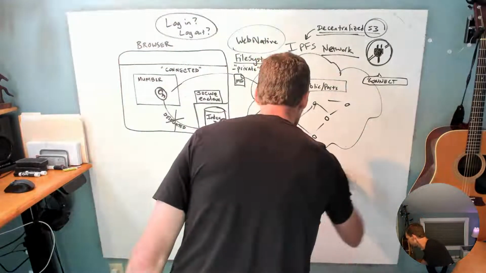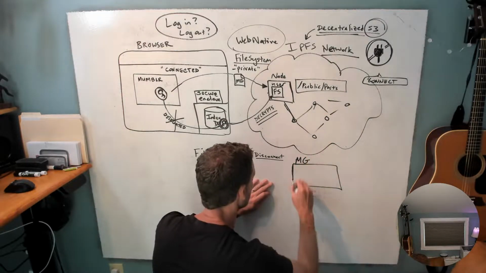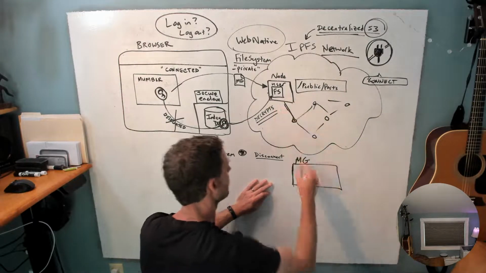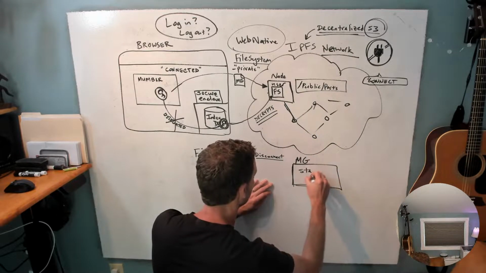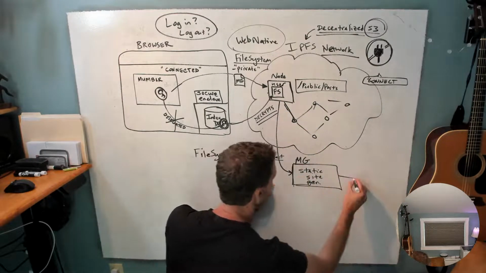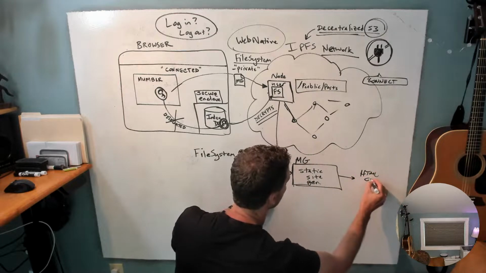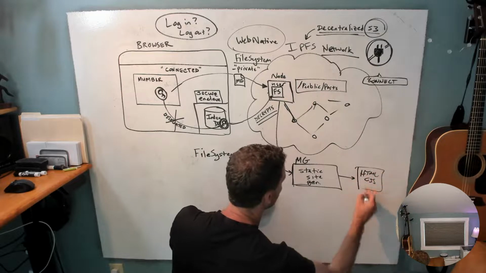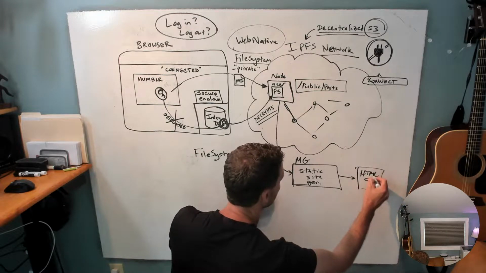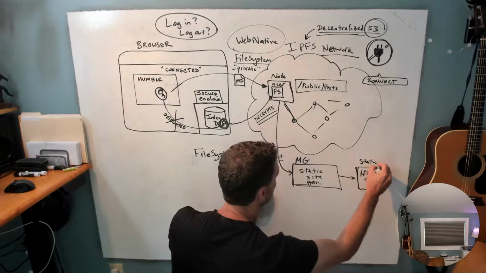Mumbler Generator, we'll abbreviate it MG, is a static site generator that reads these markdown files and generates HTML and CSS. Right now it's just HTML and CSS, it doesn't generate any JavaScript, to generate a static blog or static site.